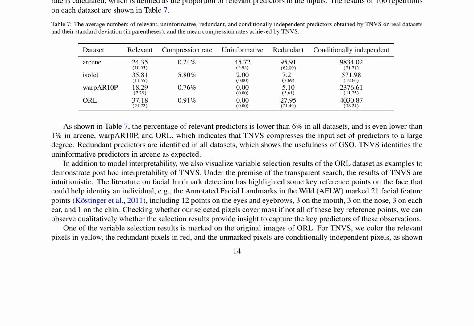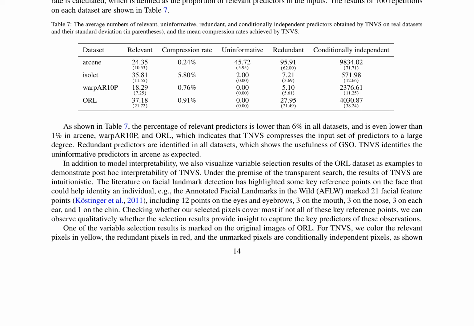Additionally, the variable selection results of the ORL dataset are visualized to demonstrate post-hoc interpretability of TNVS. The selected pixels are marked on the original images, with relevant pixels colored in yellow, redundant pixels in red, and conditionally independent pixels unmarked.